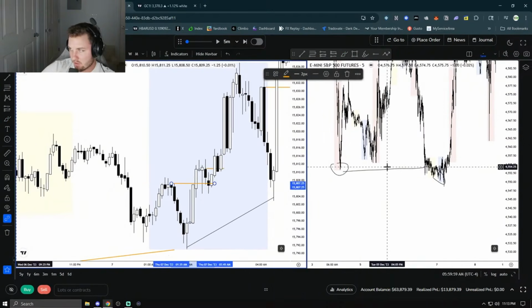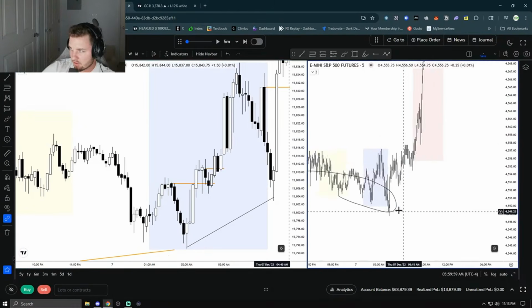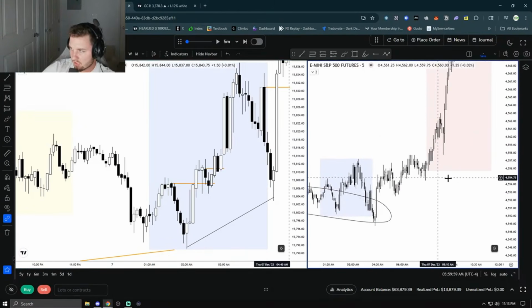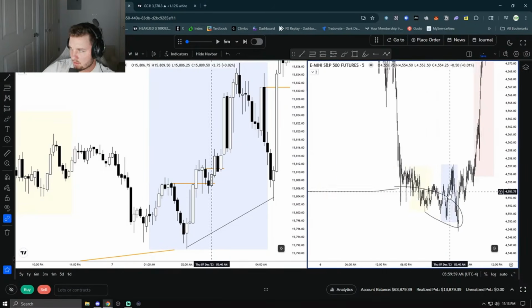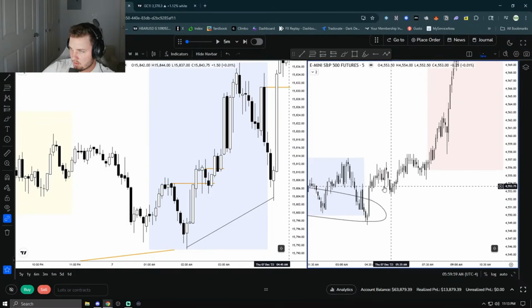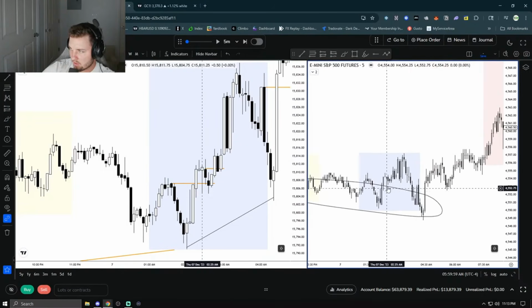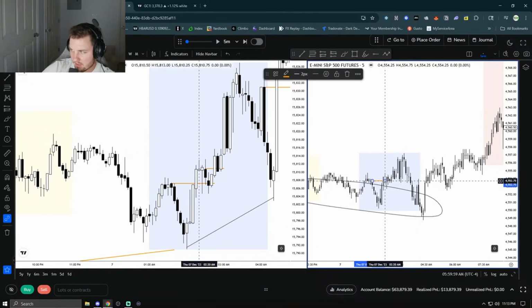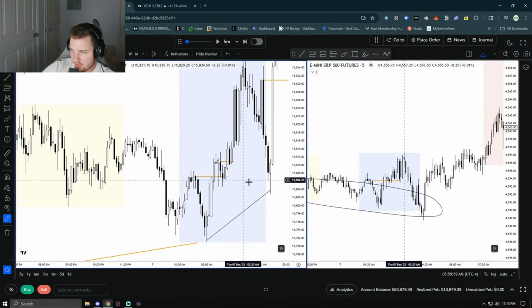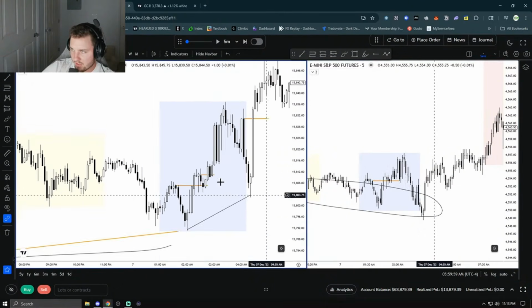Like, if we look here, there's no SMT. Yeah, right here. There's no SMT here, so probably discard it, right? And it's just now creating the first CISD for this asset. So you'd probably discredit that.